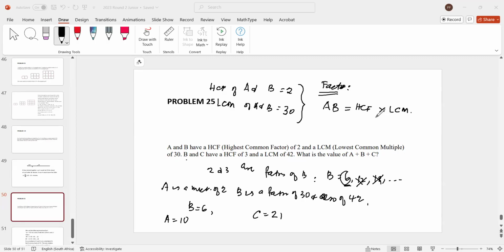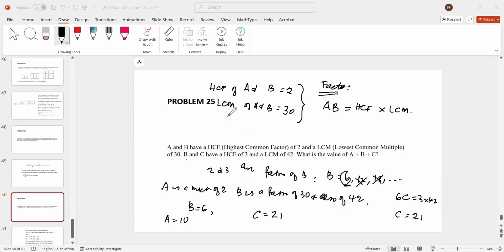It's a very useful fact that the HCF of two numbers multiplied by the LCM of those same two numbers is equal to the product of those two numbers. So that is how I got 21 here, because B is 6. So 6C is equal to 3 times 42. So therefore C is equal to 21.